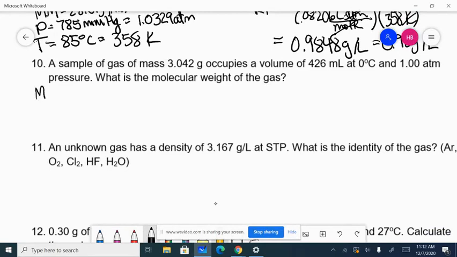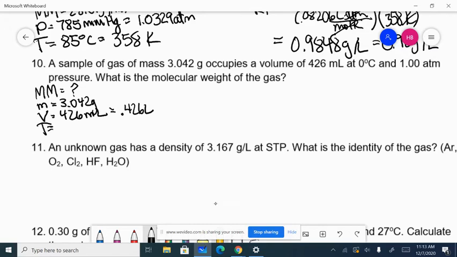Move on to number 10. Molecular mass is the same as molar mass. Molecular weight is the same as molar mass. They gave us the mass of 3.042 grams, volume of 426 milliliters. I'm going to change that to liters, move the decimal point over 3, 0.426 liters.